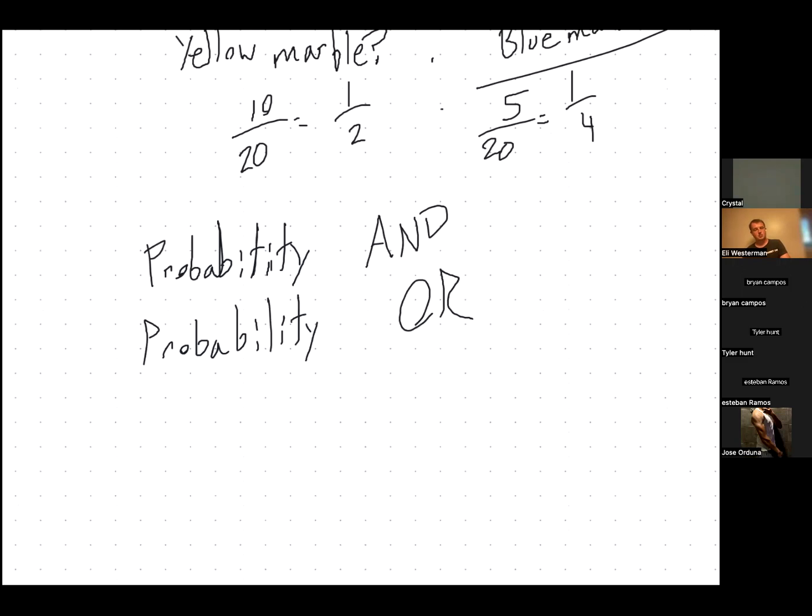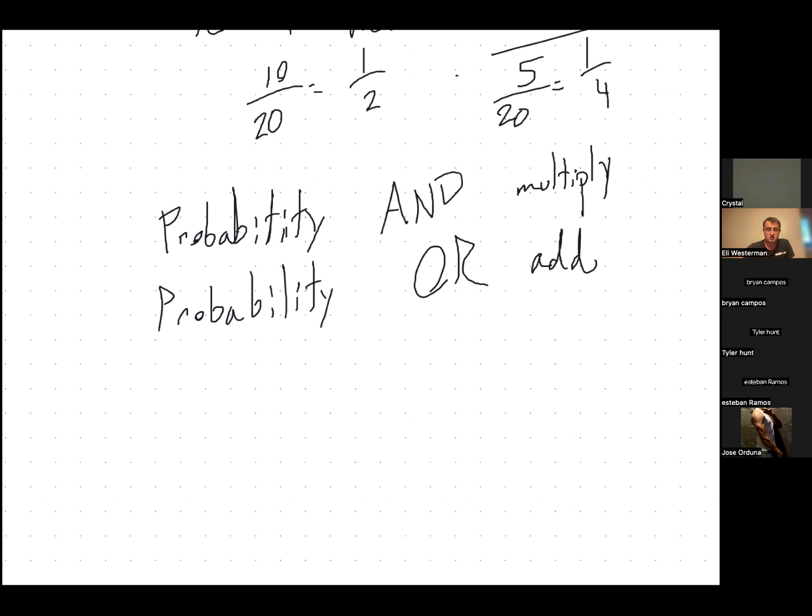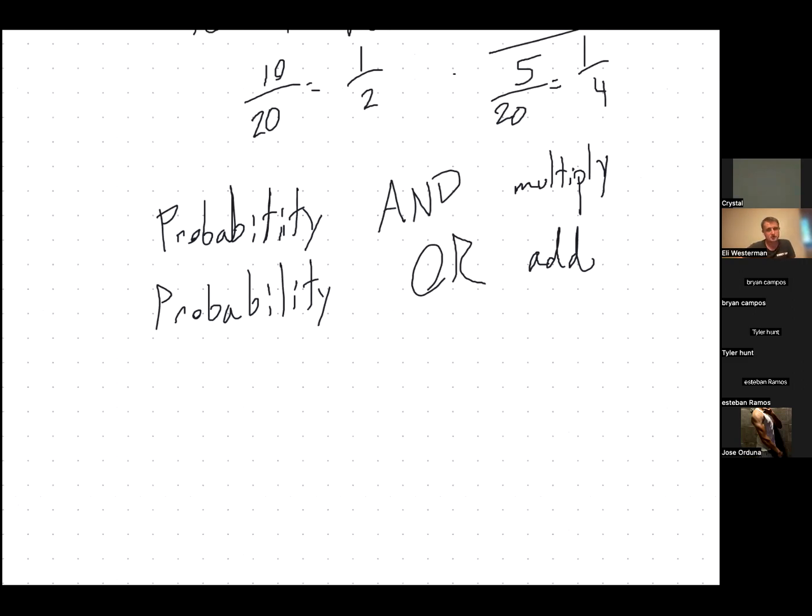And the rules are: probability and, you multiply; probability or, you add. I want you to write that down in your notes. So I'm going to not talk for like 10 seconds. I want you to write that down for sure. This is a really important concept to get down solid.